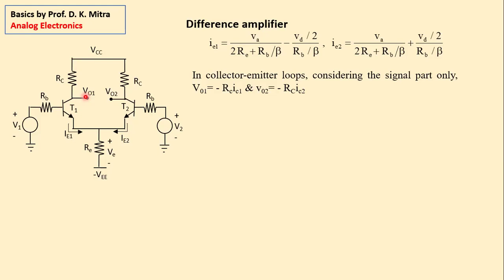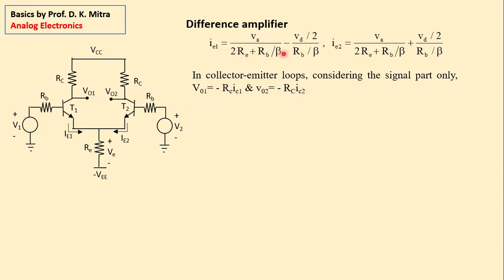If we discard the quiescent current, only the signal we are talking about, then VO1 is equal to minus RC IC1, and VO2 is equal to minus RC IC2.